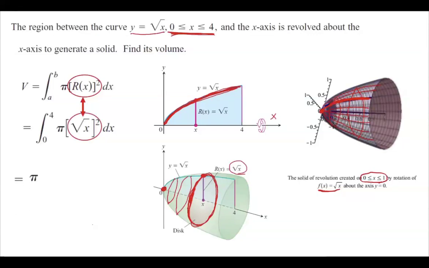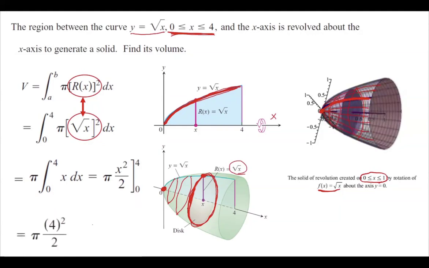This is the definite integral of pi, and square root of x to the second power is just x, dx. Using the technique of integration, this is pi, x squared divided by 2, where x ranges from 0 to 4, which is pi times 4 squared over 2, or 8 pi.